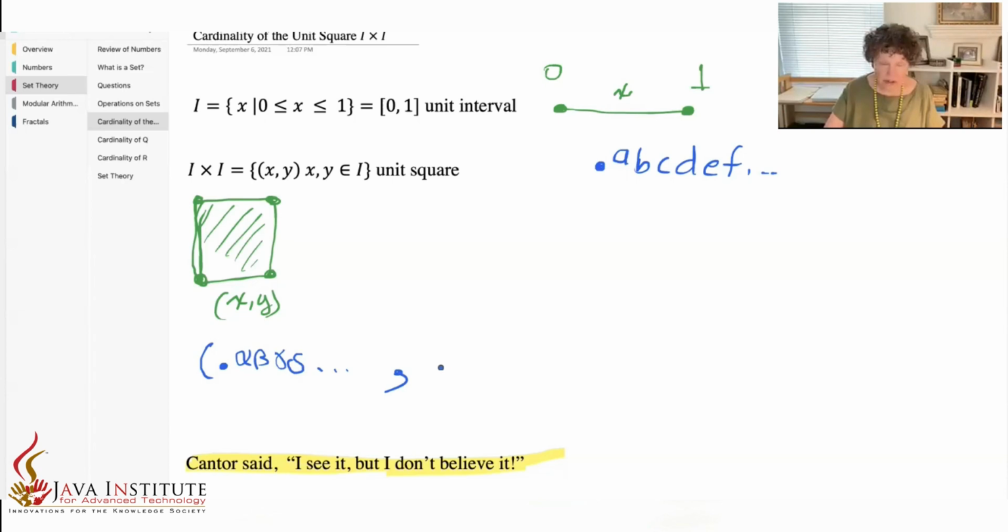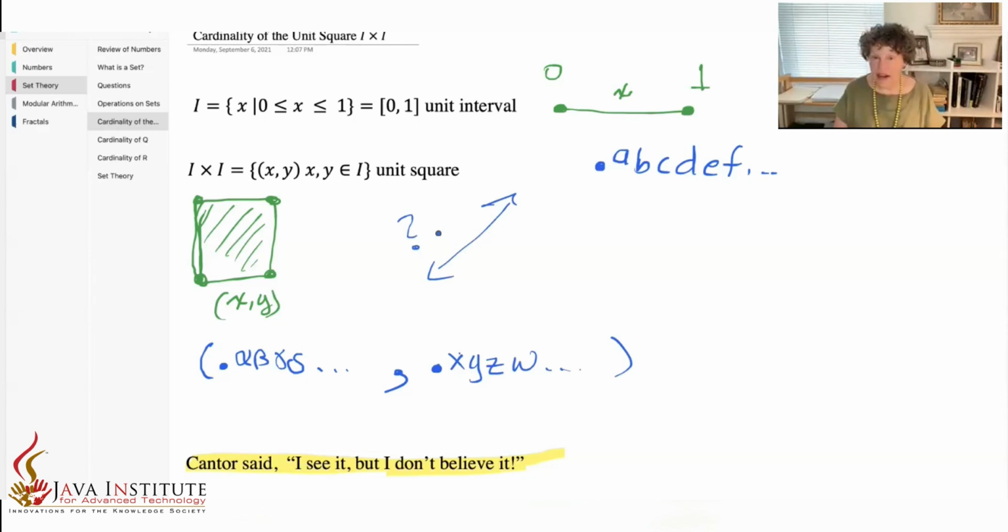I'm running out of letters. Let's use XYZ, even though I can't keep going, but you know what I mean. I have one number up here. How do I get a one-to-one correspondence?